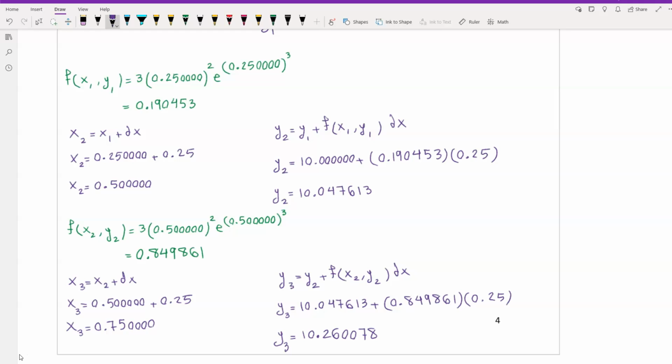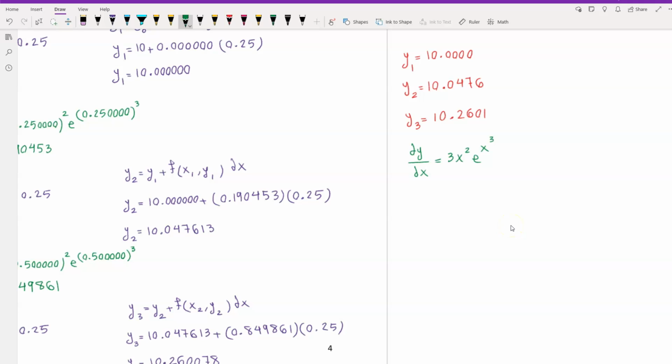So here, what we had is x1, x2, x3, y1, y2, y3. So the first three approximations, if we want to round to four decimal places, are y1 equal to 10.0000, y2 is 10.0476, and y3 is 10.2601.